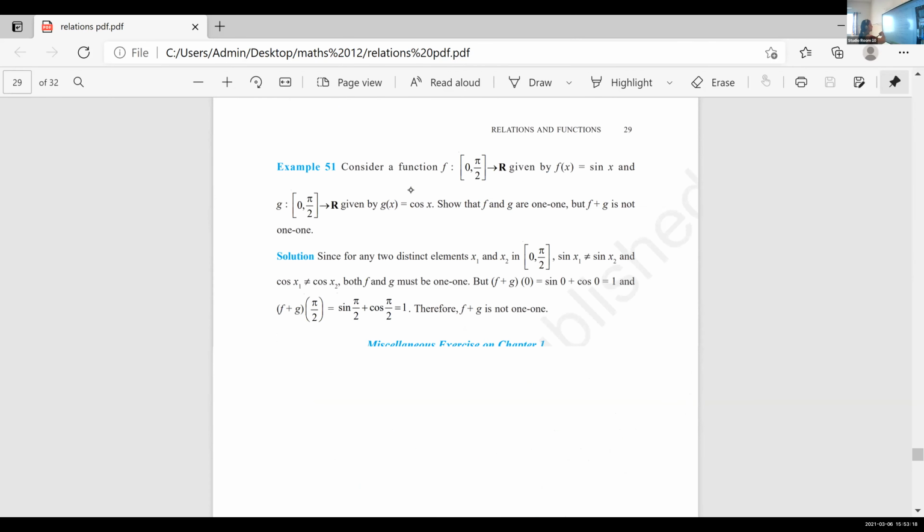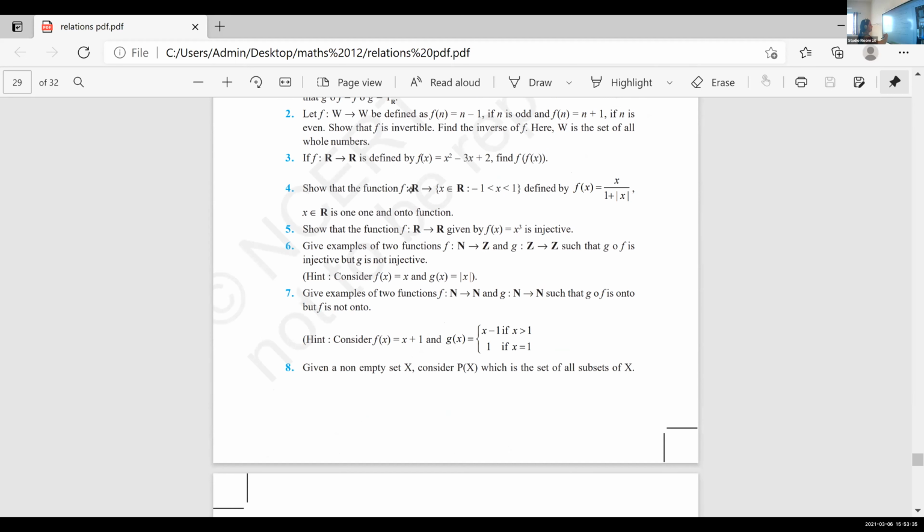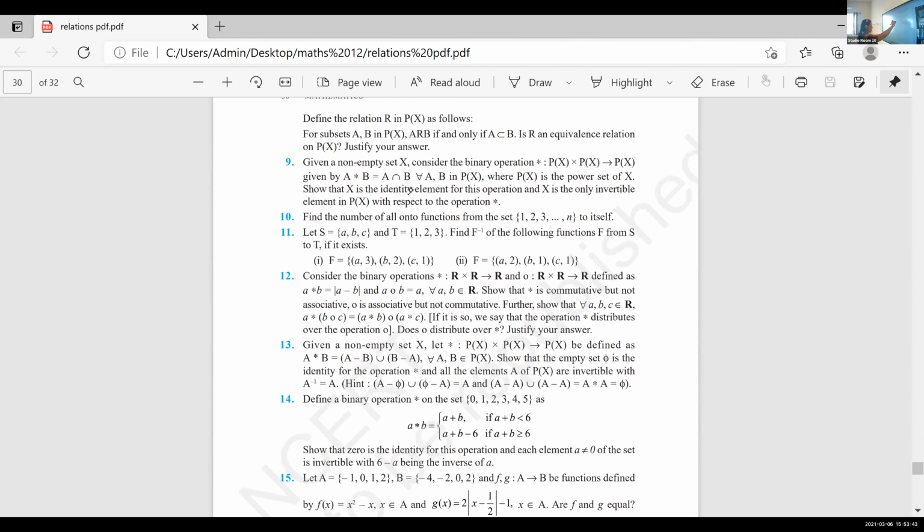So in the miscellaneous exercise, particularly note down the second question. First one, second one, third one and fifth one we have already discussed. Questions 1, 2, 3 are very important. And here you have another question.